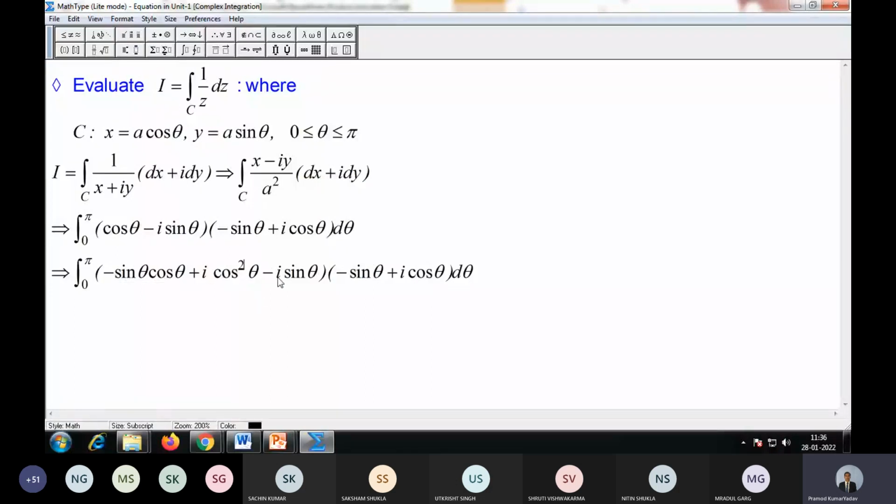Then with this one, it means minus minus i sin square theta. Then minus and minus plus, so minus i into i square. Please check my calculation. So i into i square, it means minus, it becomes plus sin theta cos theta.